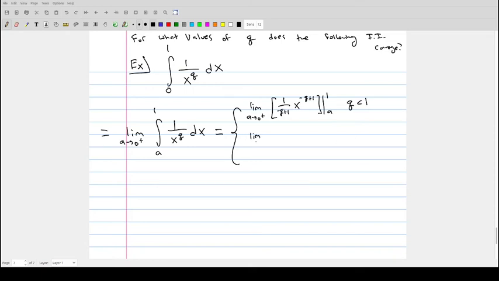It'll be the limit as a goes to 0 from the positive side of the natural log of the absolute value of x if q is equal to 1, and it'll be the same as this right here if q is greater than 1.